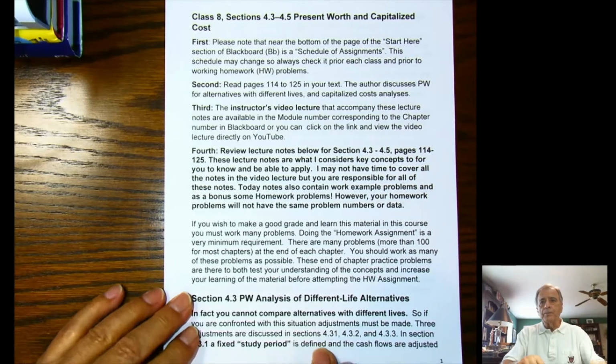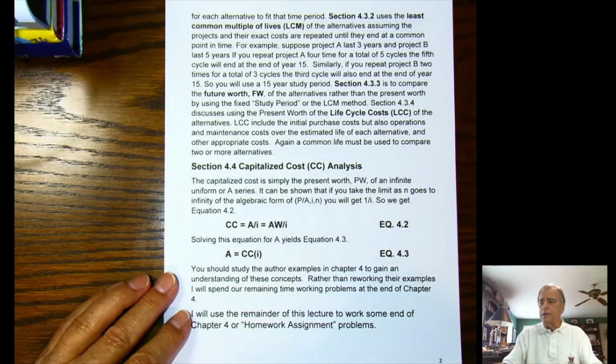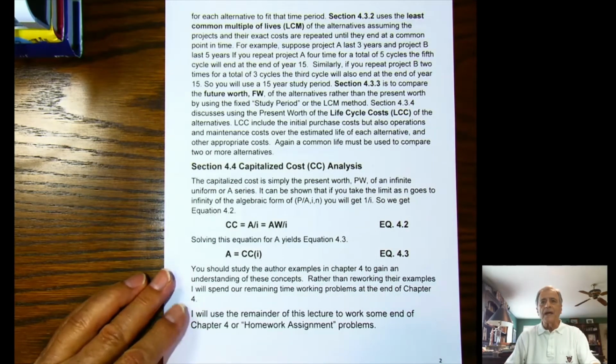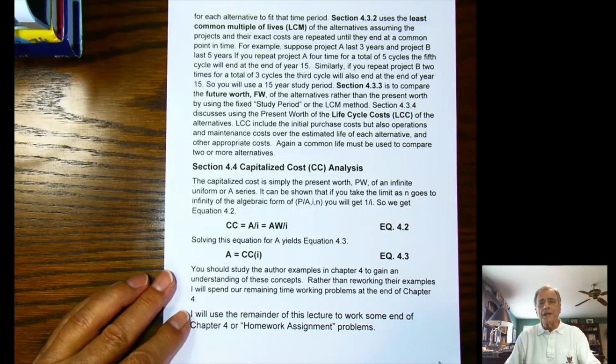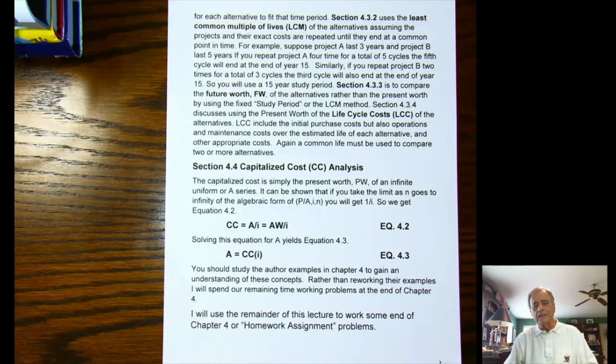Another method is called the least common multiple of lives. And this is kind of an interesting method in the sense that suppose you had two projects, say project 1 had a life length of 3 years and project 2 had a life length of 5 years, and you're trying to compare these two. Which one is better? Well, you can't compare a 3-year project to a 5-year project.